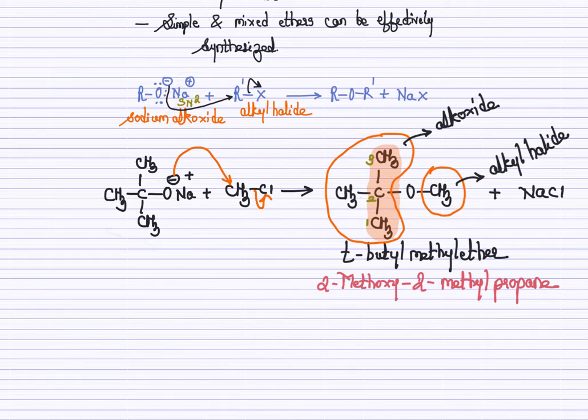If you don't do this, if you take the reverse, let's say first of all, this is called sodium tertiary butoxide, and this is methyl chloride, right? And this is how you get your ether.